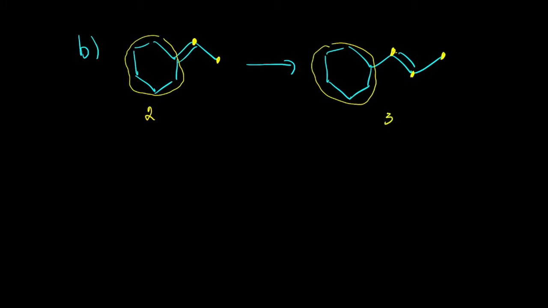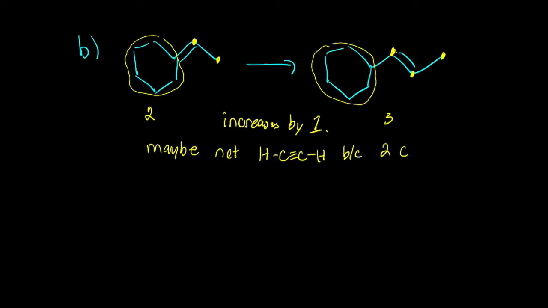Okay, that's interesting. So it increases by 1. Okay, so I'm guessing maybe not acetylene is used to alkylate, because that has 2 carbons.